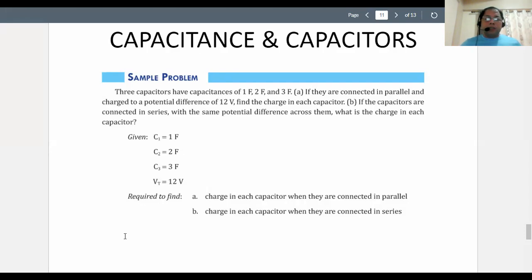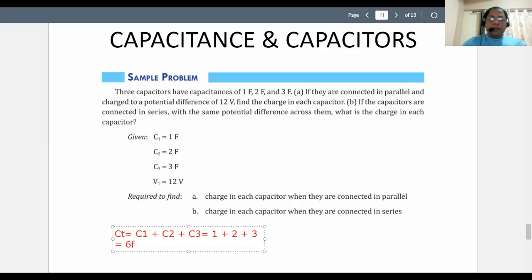If we will answer letter A, what's the total capacitance if they are in parallel? So that's just C1 plus C sub 2 plus C sub 3, which gives you 1 plus 2 plus 3 farad. So that's a total of 6 farad.